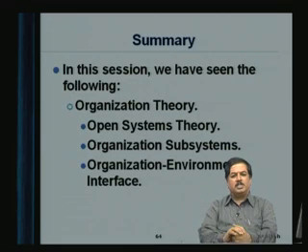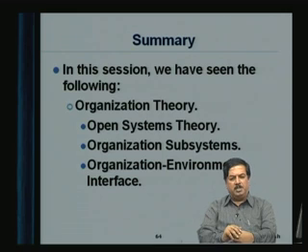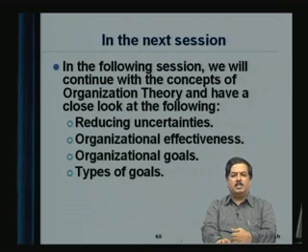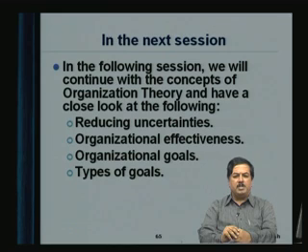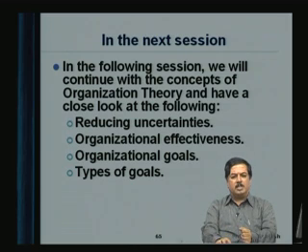We will expand on these things further, but essentially what we have covered in this session is organizational theory, particularly open systems theory, organizational subsystems, and how the organization-environment interface gets defined. In the next session we will continue our discussion on how to reduce these uncertainties, how organizational theory helps in increasing organizational effectiveness, and how organizations can achieve their various types of goals.